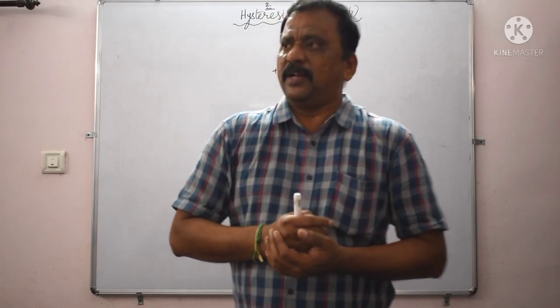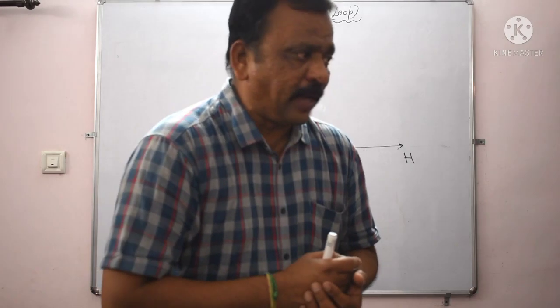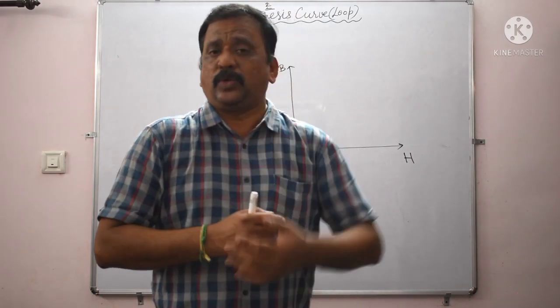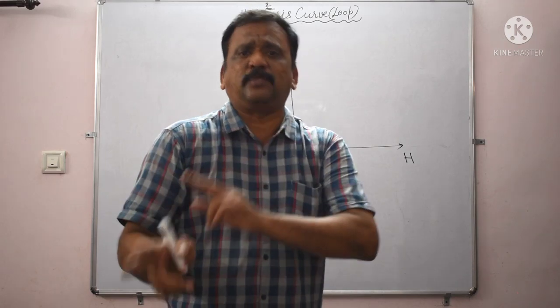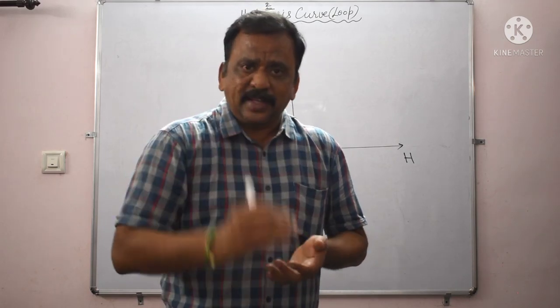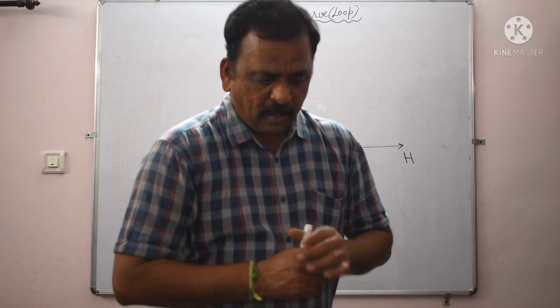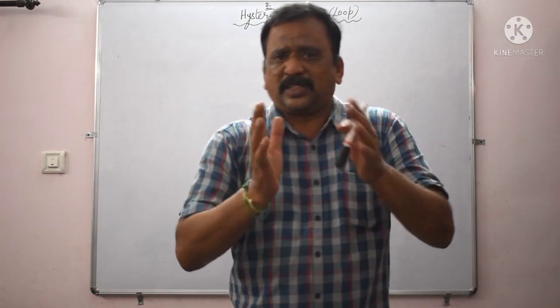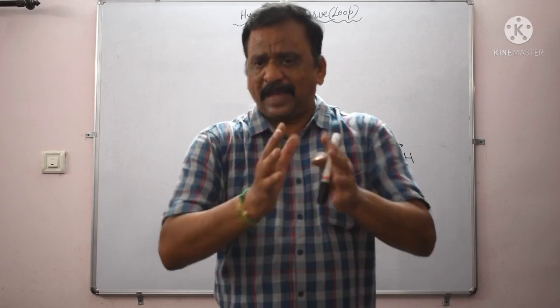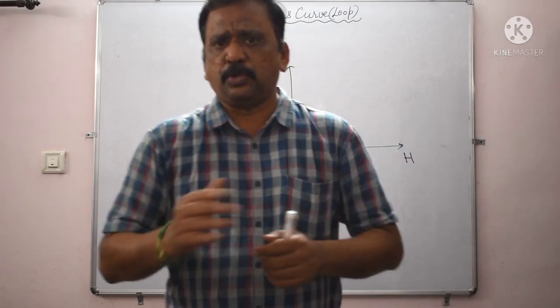Proportionate increase means if I increase the magnetizing field 2 times, the magnetic field induced in the ferromagnetic material should also increase by 2 times. If I decrease the magnetizing field by 4 times, the magnetic field induced in the specimen should also decrease by 4 times. They should show the same type of variation. Only then I can say they are proportional.